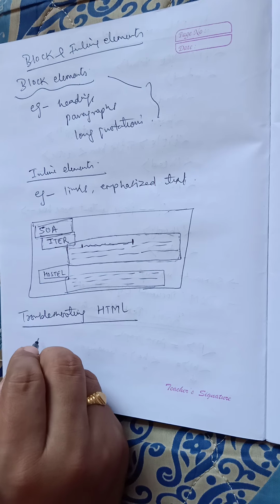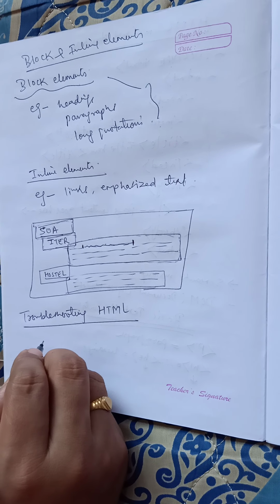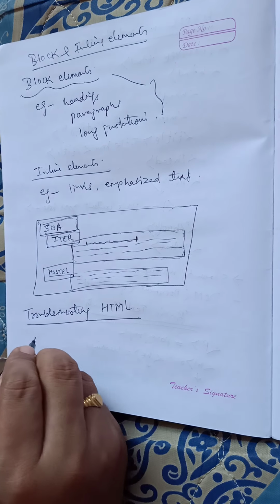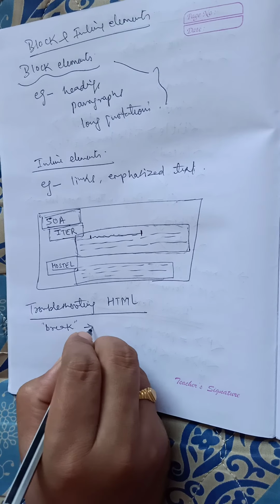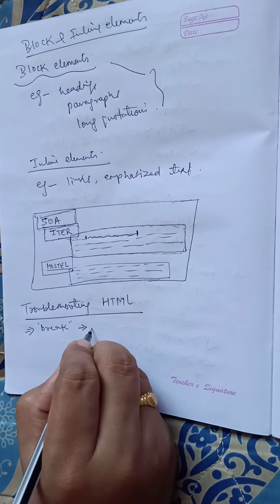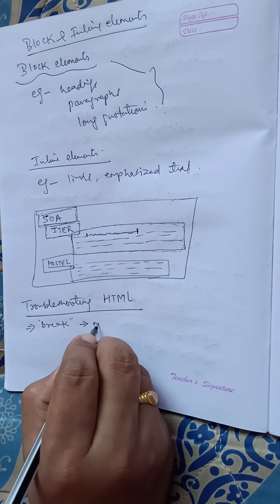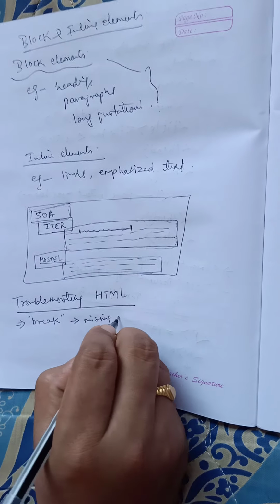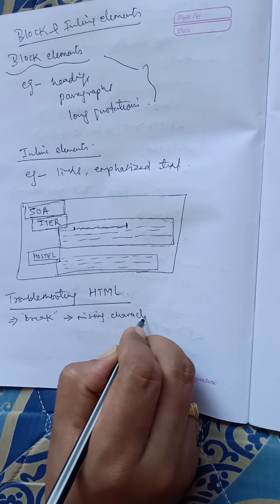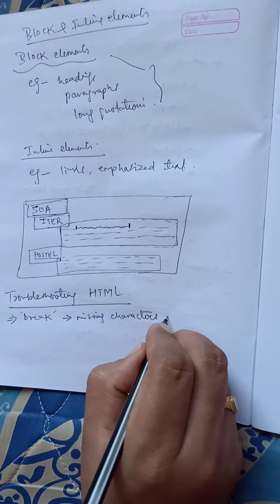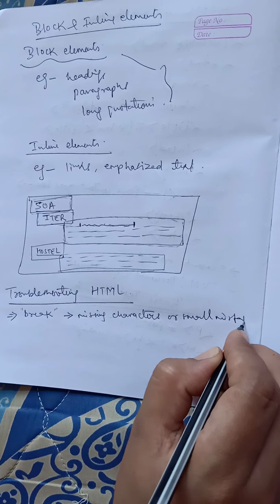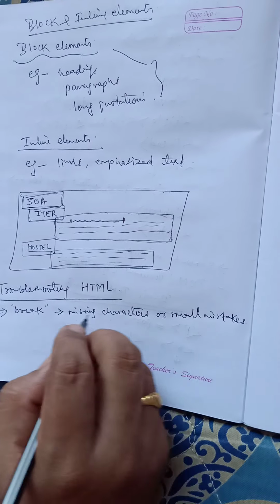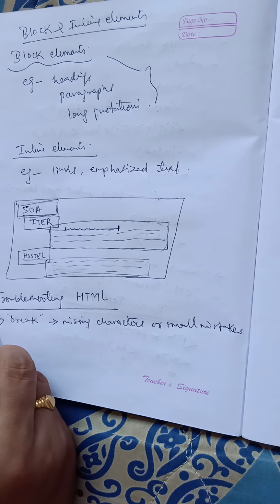Usually small mistakes and missing characters can cause HTML documents to break. So HTML documents break due to some missing characters or small mistakes. Okay, so what are the common mistakes?